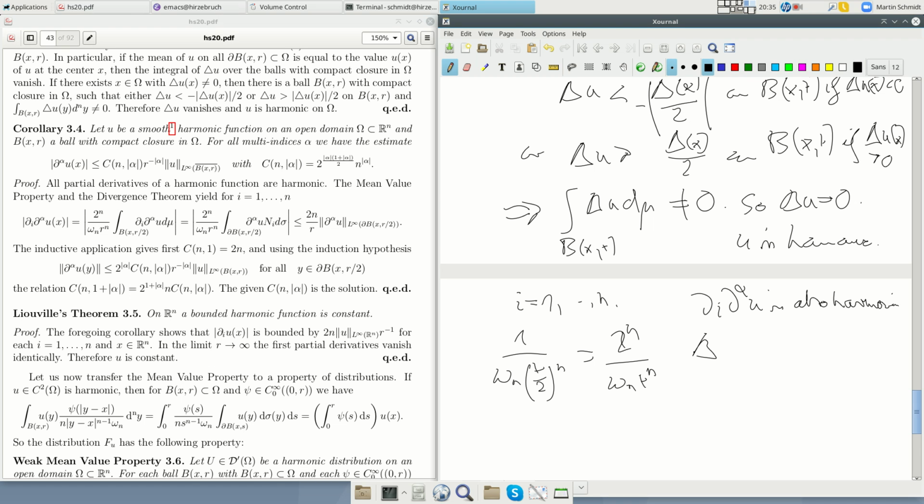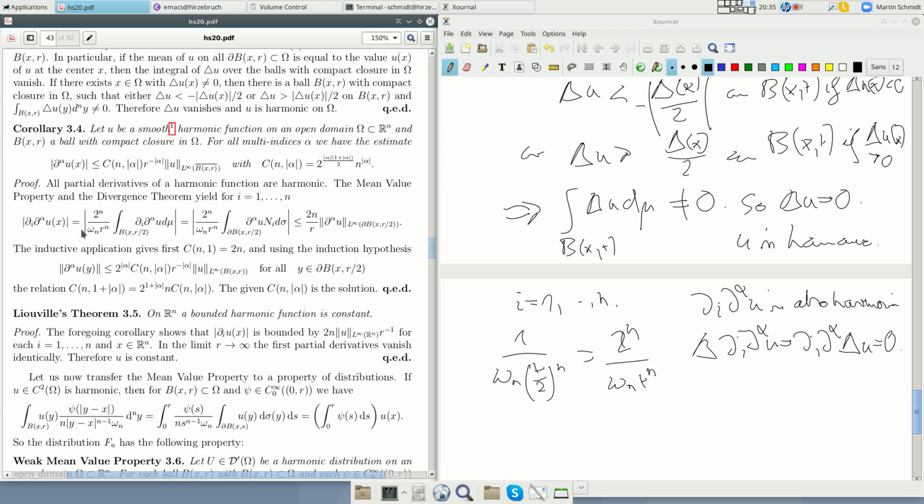Since if we apply the Laplacian, then this is the same, since everything commutes, and this is 0. So all these functions are also harmonic. So we may apply the mean value property to this function, and this is exactly this formula, with absolute values. And now we apply the divergence theorem.